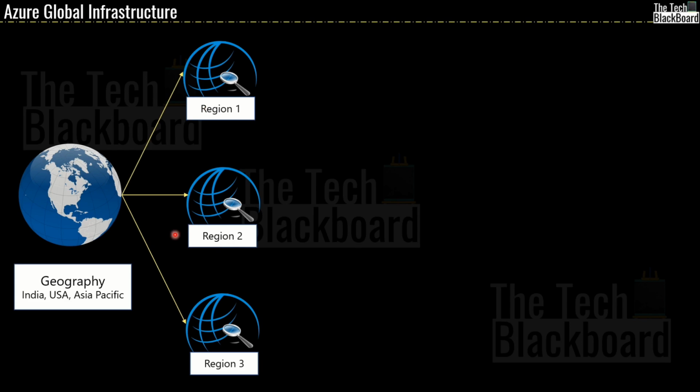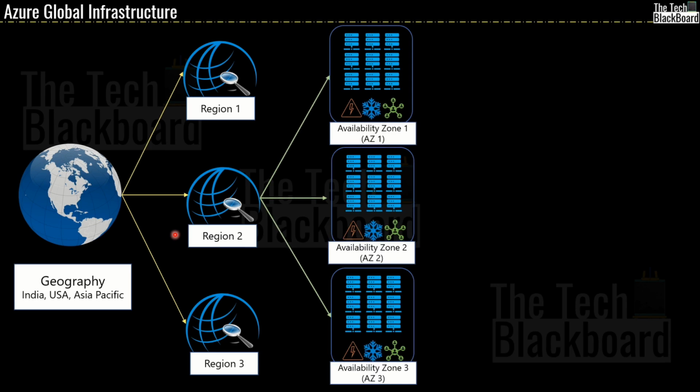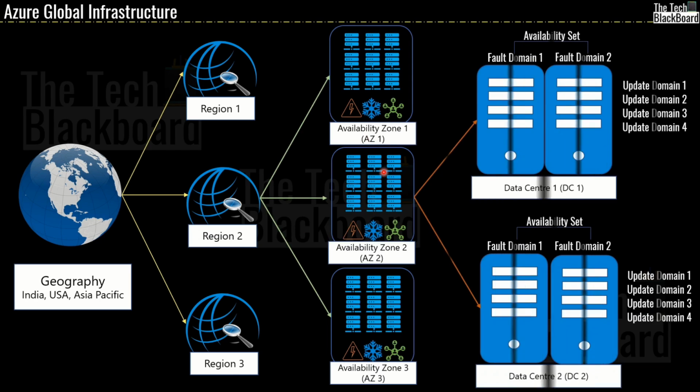I will explain Azure Regions in a lot more detail in the subsequent slides. Further, inside Azure Regions, we have Azure Availability Zones. And each availability zones contain one or more data centers with independent power, cooling, and networking. Also, please note that our availability set is a combination of a fault domain and update domain.